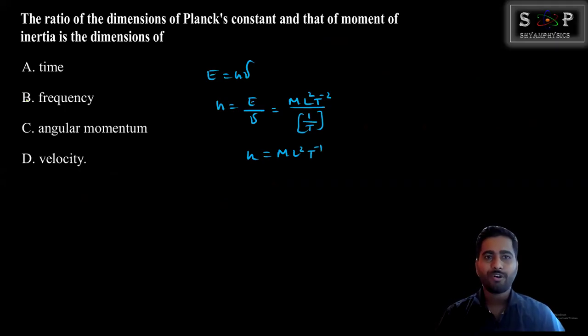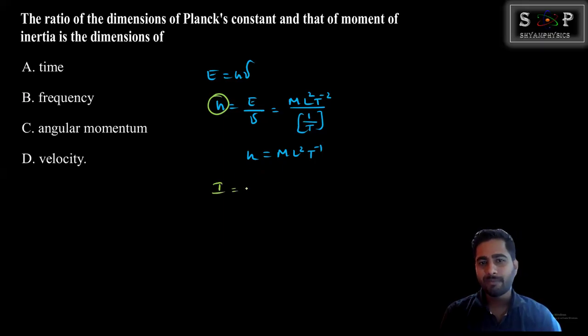Next, the ratio of the dimension of Planck's constant to that of moment of inertia is the dimension of, they're asking. Simple, Planck's constant: E equals h nu. From there, I got to know that h equals M L^2 T^-1. And then they're asking about moment of inertia.